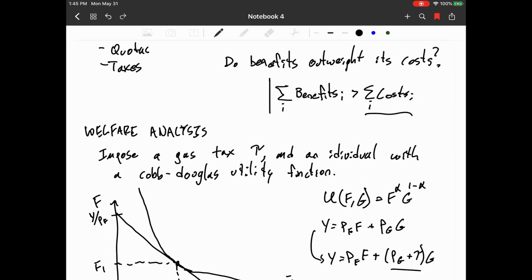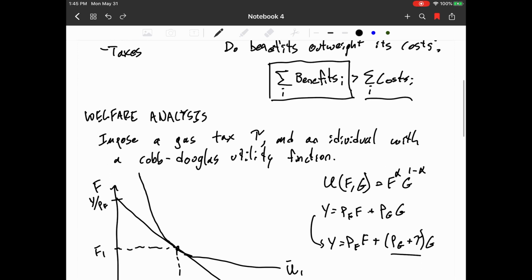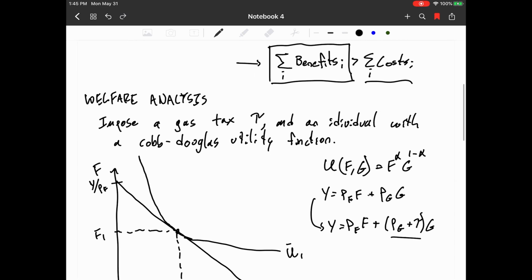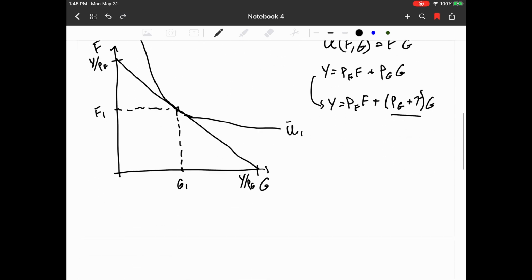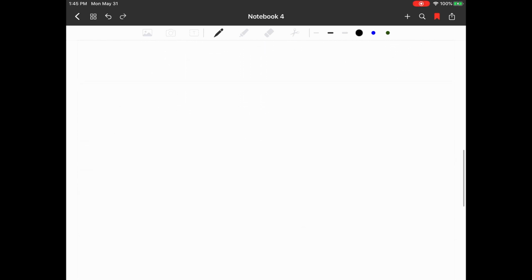This comes into play when we talk about externalities. And if any of you have taken an environmental economics course or plan on doing it, this is really the point of that class, is looking at the benefits of policies that mitigate externalities. But here we're just going to look at the cost side.